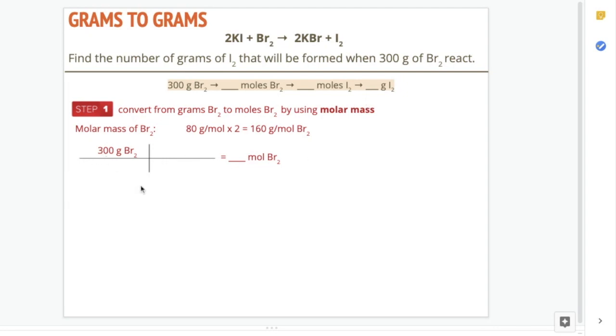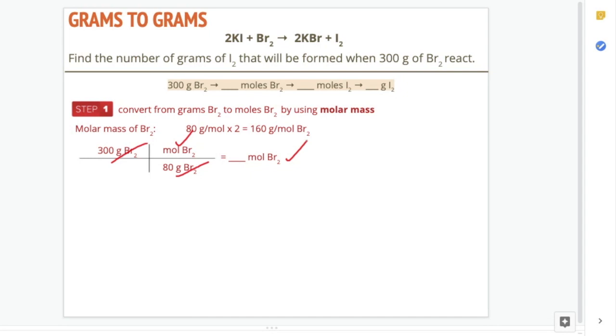So will I put my 80 grams on the bottom or on the top in order to cancel out the units? I'm going to put it on the bottom, right? So I put my 80 grams on the bottom, per mole on the top, and then I'll be able to cancel out these. There's grams and grams. I am just left with moles and moles.